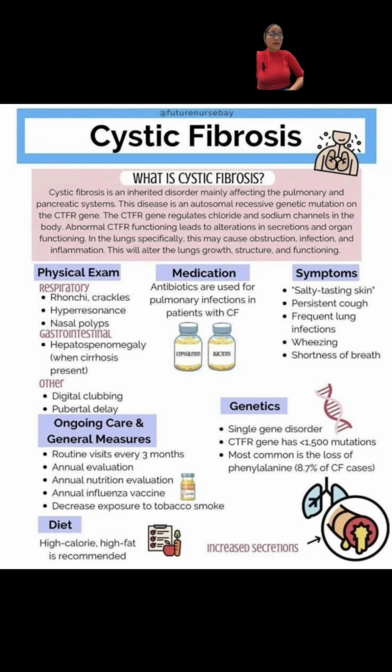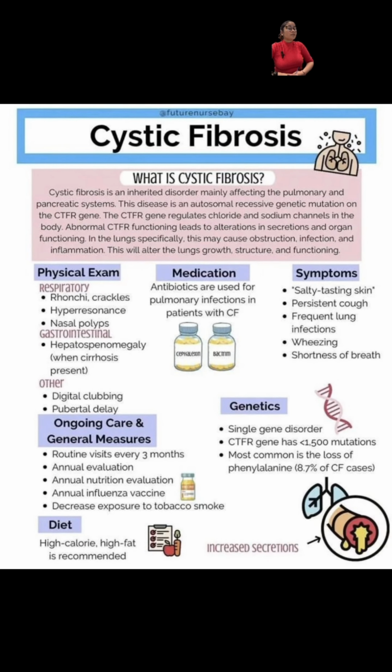To prevent the recurrence of infections like the common cold and rhinovirus. Then, of course, we have to encourage them not to get exposed to tobacco or smoke, because of vasoconstriction, they will have more breathing problems, and it can also lead to obstruction, and that can cause more complications for them in the future.